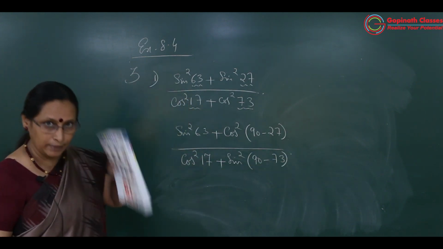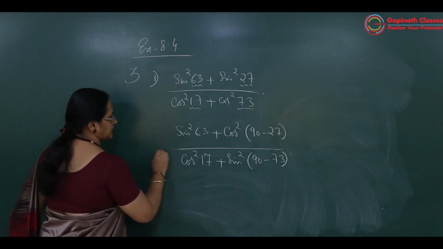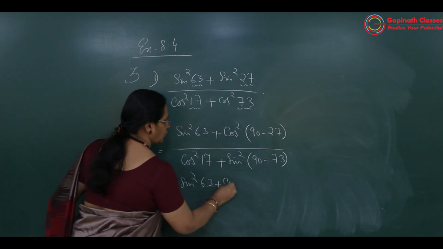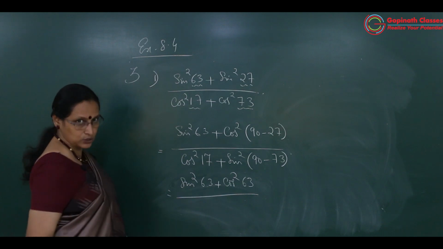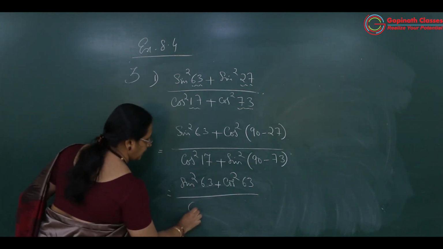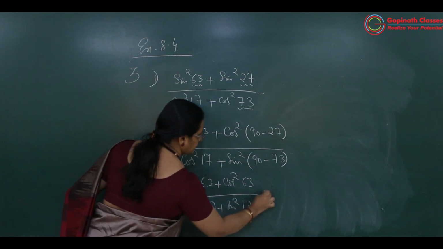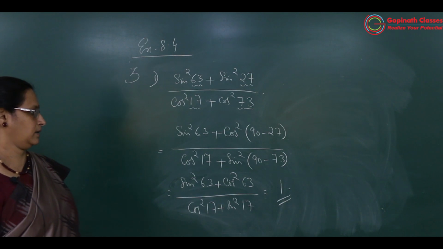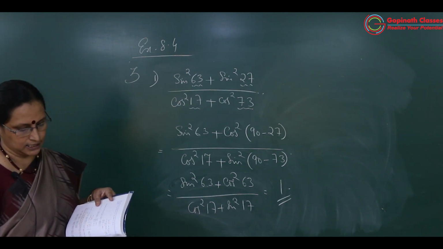So, they are complementary relation also and identities also you can see. Now, sin square 63 plus cos square 63. You know very clearly sin square theta plus cos square theta is 1, divided by cos square 17 plus sin square 17. Answer would become 1.